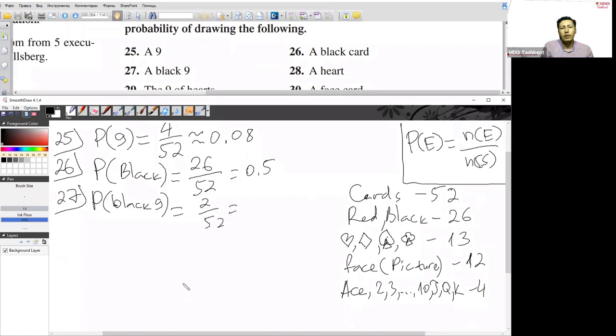I'm not writing the event, but you can write it if you want: the event is black 9, that means 9 spade or 9 club. Then write NE is equal to 2. Therefore, we divide 2 by NS. NS is 52. It is approximately 0.04.